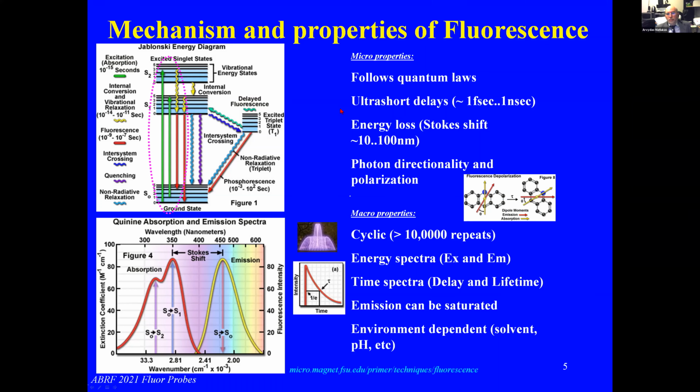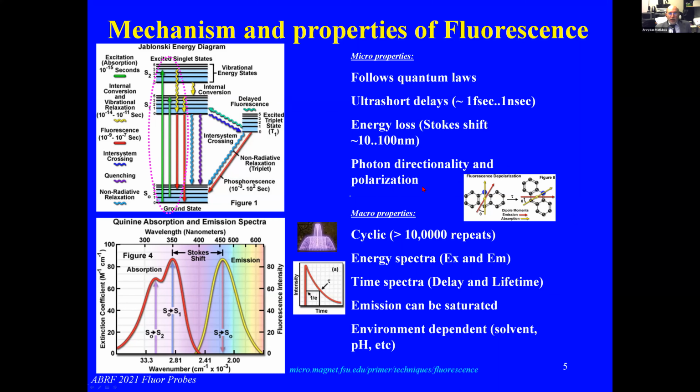As we see, the processes are very fast. There is energy loss between excitation and emission photons, resulting in a Stokes shift of up to 100 nanometers, and the photons may be emitted in different directions and polarization.